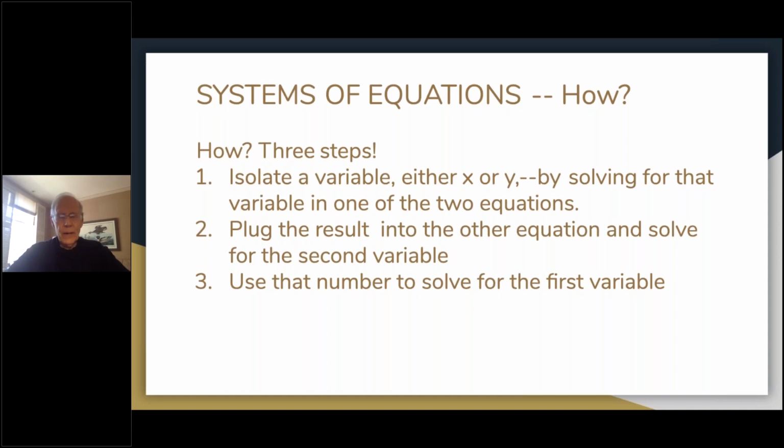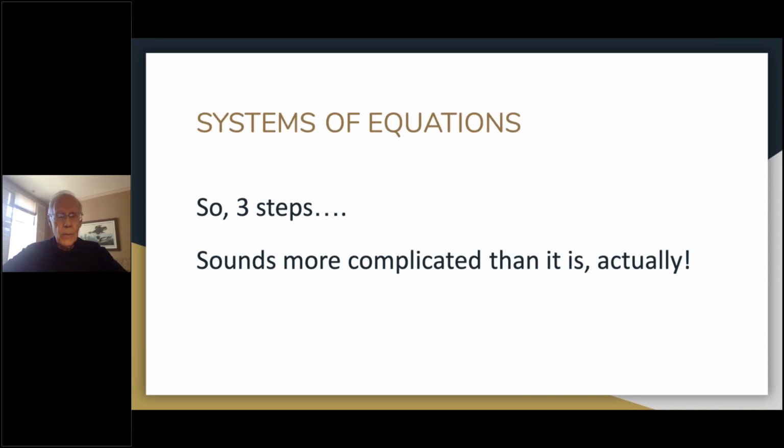In other words, you'll find out maybe what x is in one equation, plug the answer into the next equation, and solve for y. Then you use the number for the second variable to solve for the first variable by putting it back into one of the equations. Okay, so 3 steps.